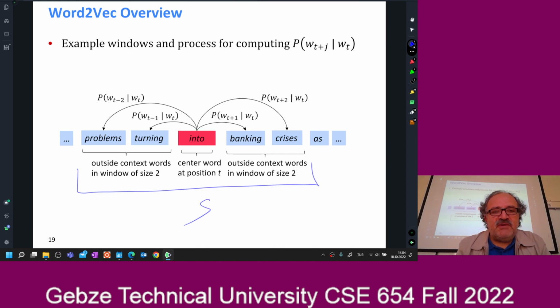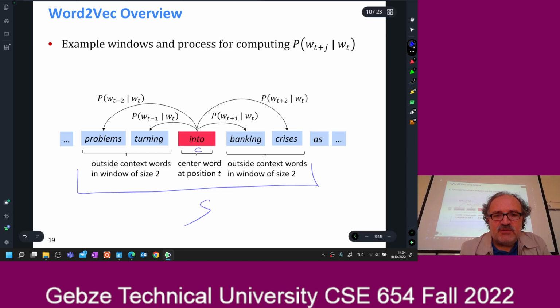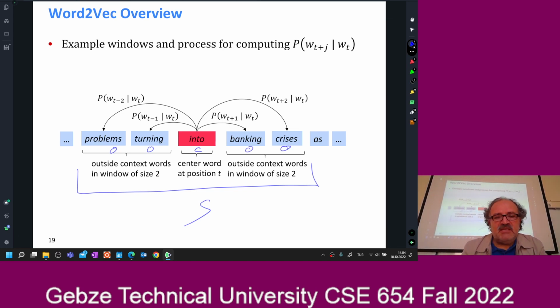I took English Wikipedia, I took all the sentences, and I am looking at this window of 5 words. I have a center word, so this is the center word C. These are the context words O, O, O. Anyway, it doesn't matter what I use.